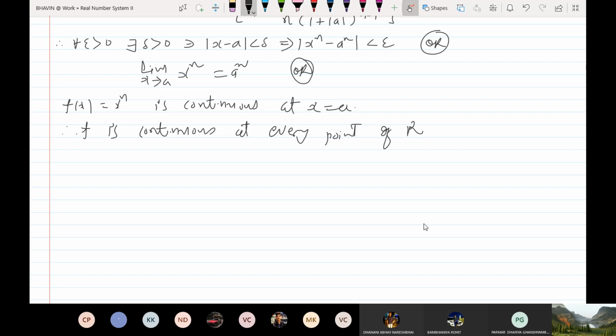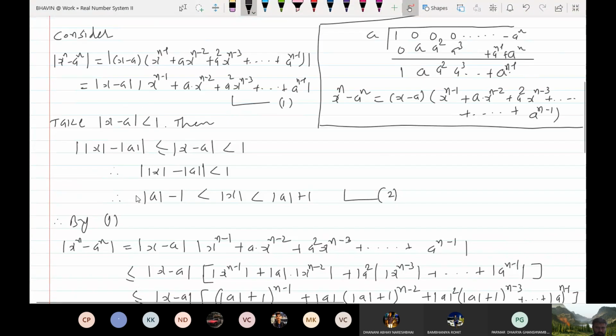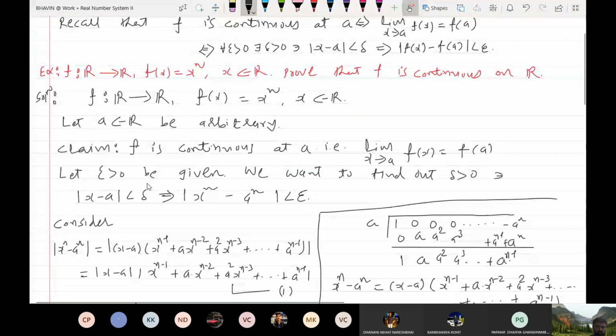Now, let me take this example. From this you can say that x square, x cube, x raised to 4 are all continuous, and in this way you can prove.